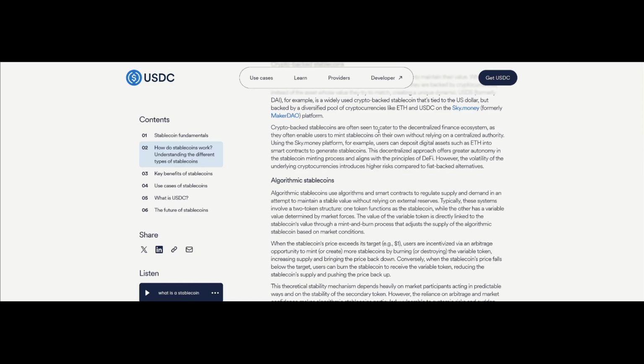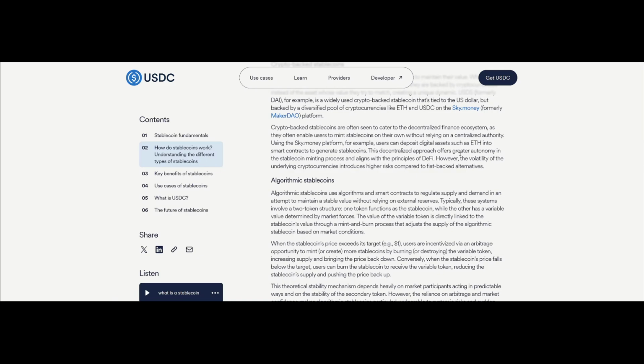Crypto-backed stablecoins are often seen to cater to the decentralized finance ecosystem as they often enable users to mint stablecoins on their own without relying on a centralized authority, which can go sideways because you're putting your trust in people who can be corrupt, right? Using the Sky.money platform, for example, users can deposit digital assets such as ETH into smart contracts to generate stablecoins.